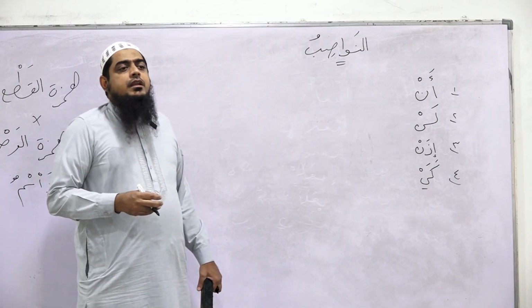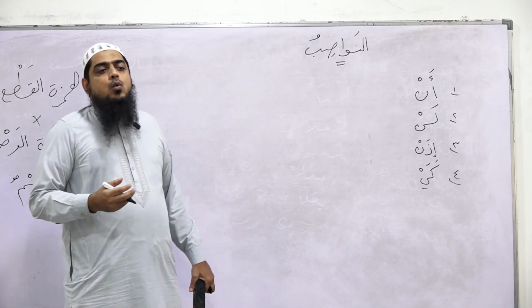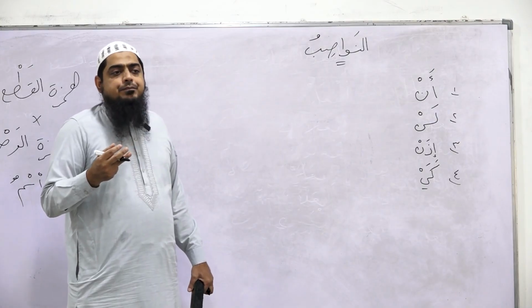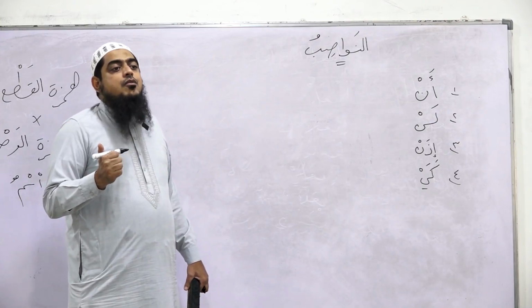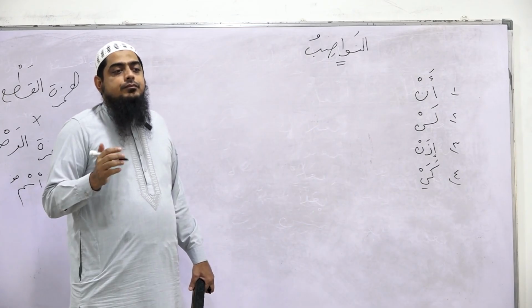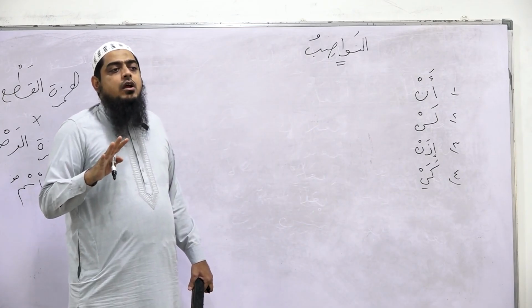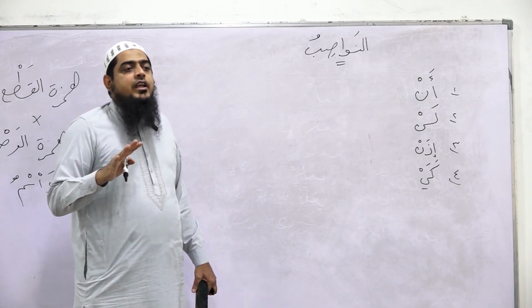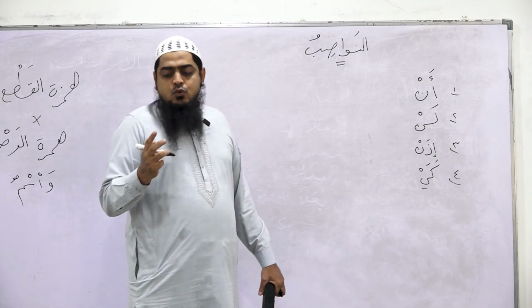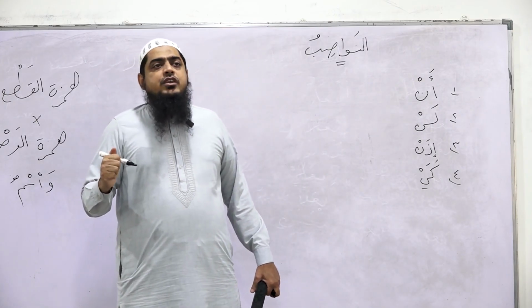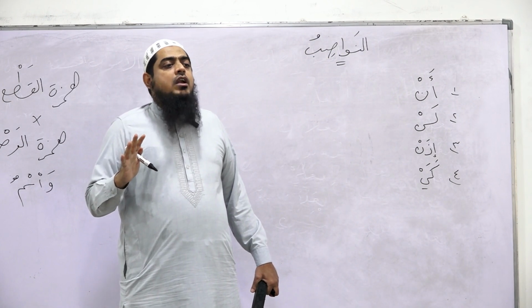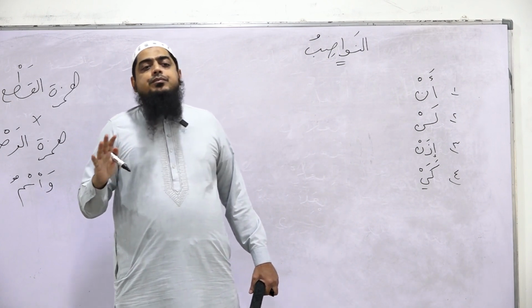As you have learned in grammar, nahu, you have al-rafi', al-nasb, al-jar, and al-jazm. These 4 are called al-i'rab: al-raf'u, wal-nasbu, wal-jarru, wal-jazmu.